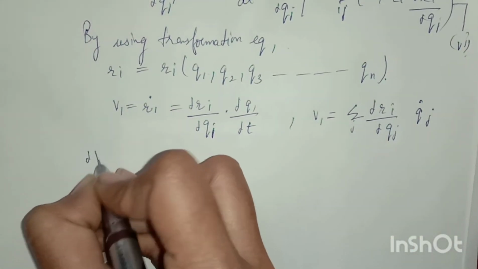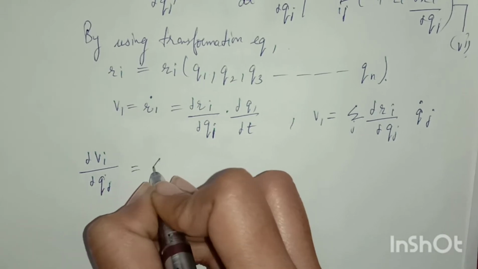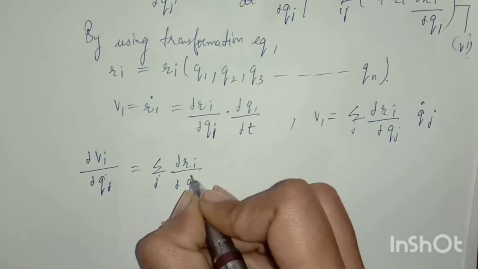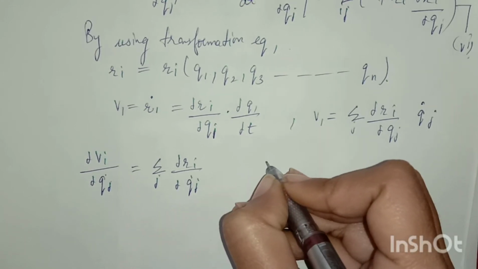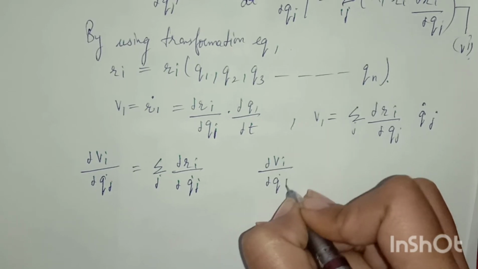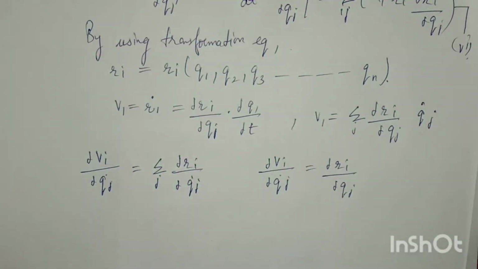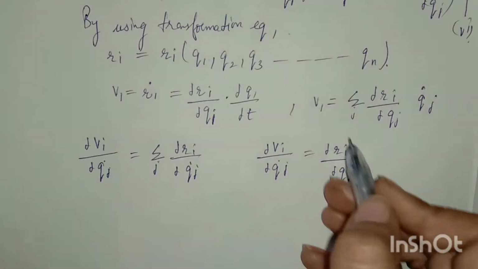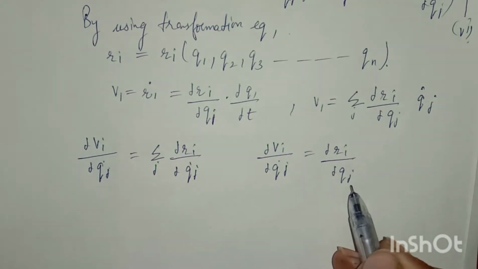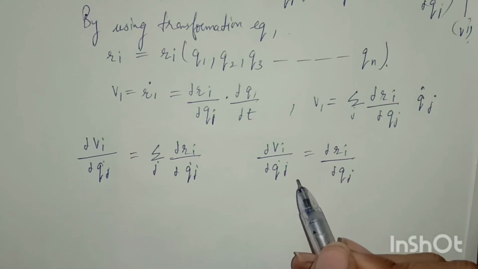And ∂vi upon ∂Q dot j is equal to ∂Ri upon ∂Qj. So in turn, in place of ∂Ri upon ∂Qj we can write ∂vi upon ∂Q dot j.